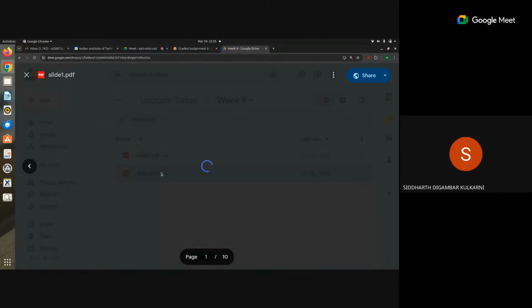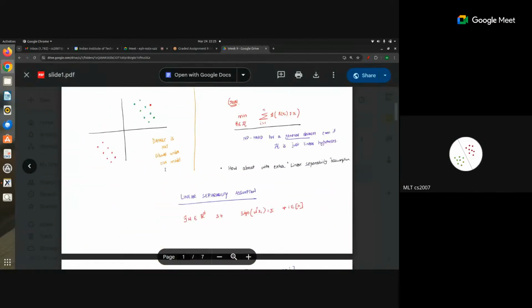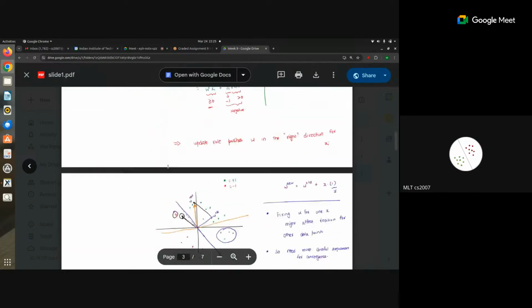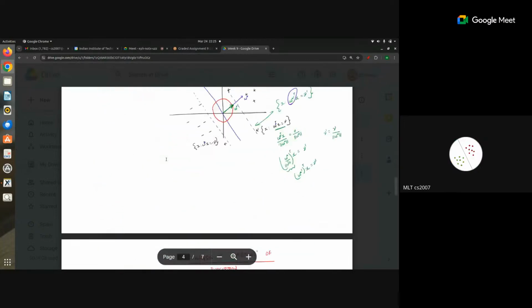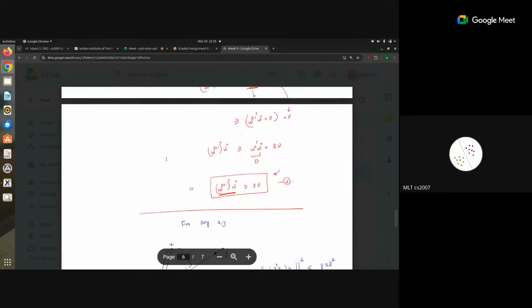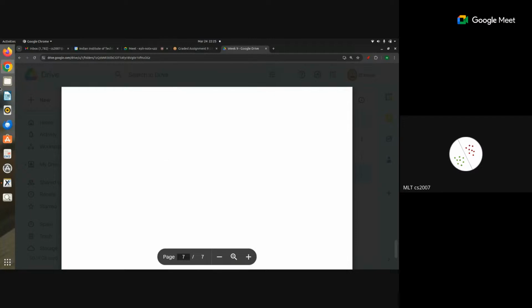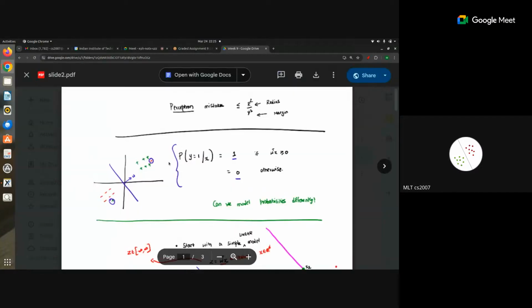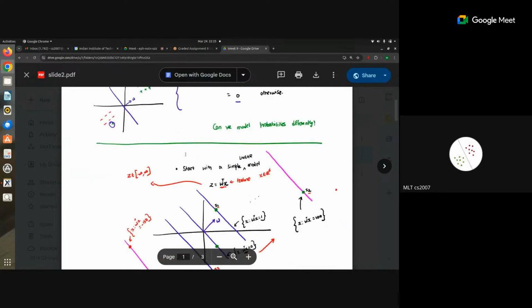Whenever there is no closed form solution, we have to perform gradient descent, and gradient descent will not necessarily give you the optimal solution, right?